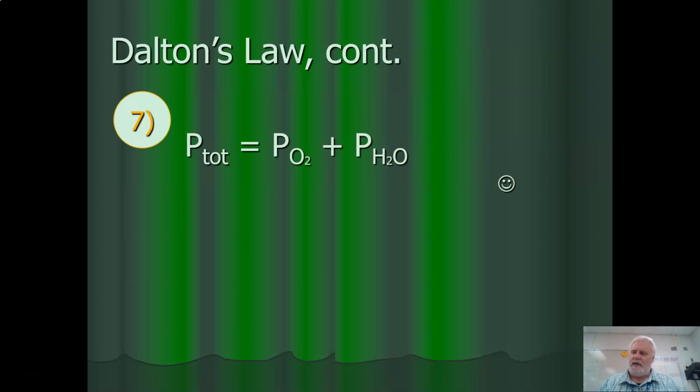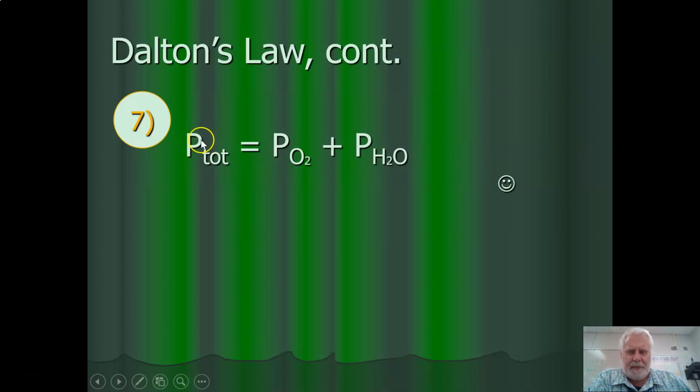So here's how we do this problem. We say that P TOT equals P sub O2 plus P sub H2O. So these are all partial pressures on the right side. You can guess the P TOT is the total pressure. Now, when you're doing these problems, you need to follow this format.